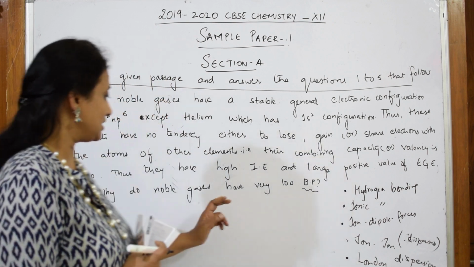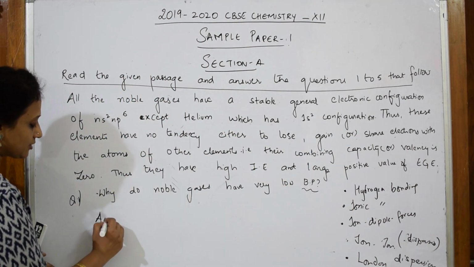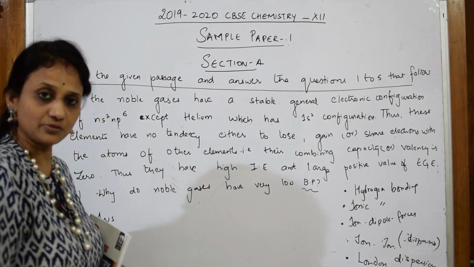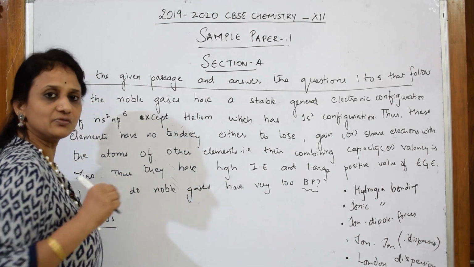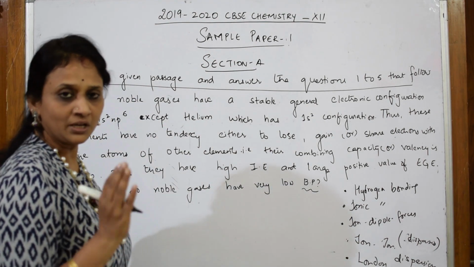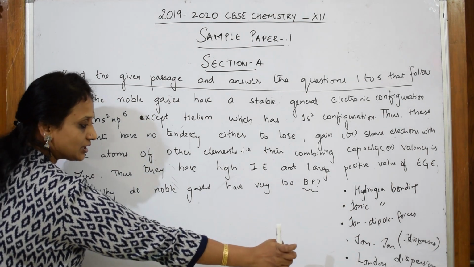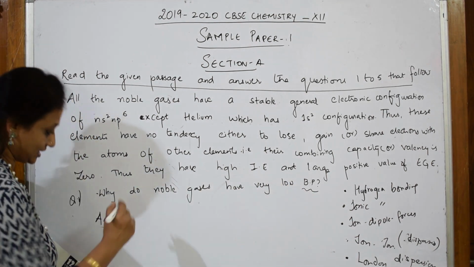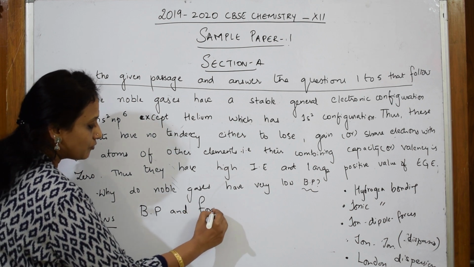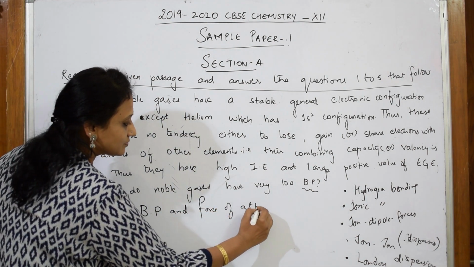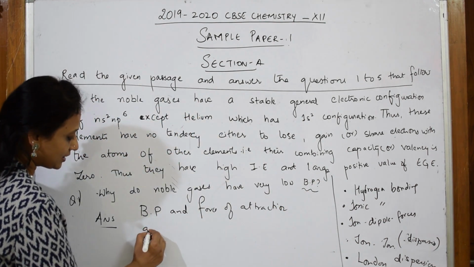Now as we told here, they've asked why is the boiling point very low? A simple concept. Take your pen, write the answer. The first important keyword you need to start with: noble gases, we very well know, are completely filled, and the valency is 0. Start your answer like this: boiling point and force of attraction are directly related.